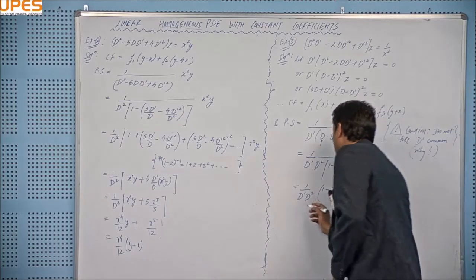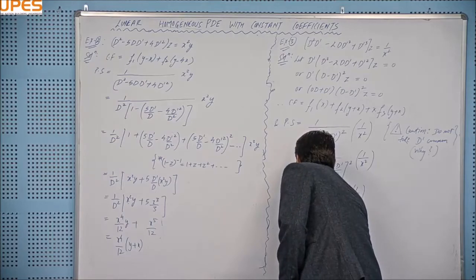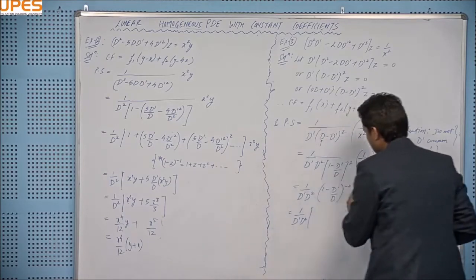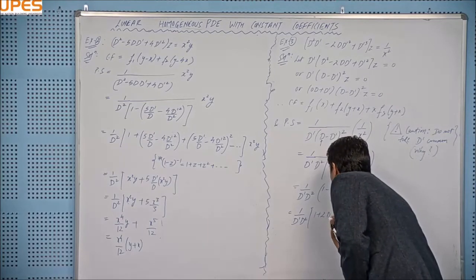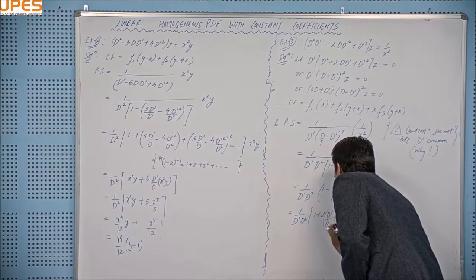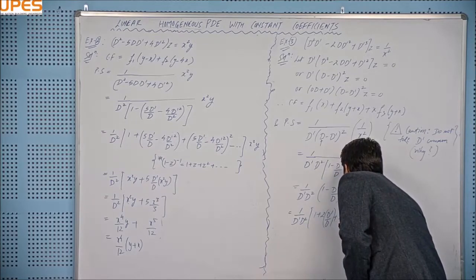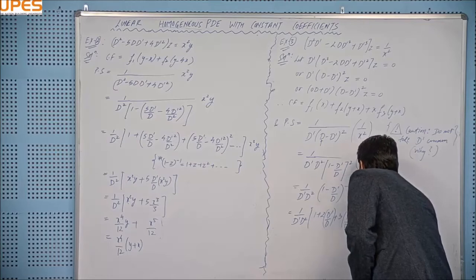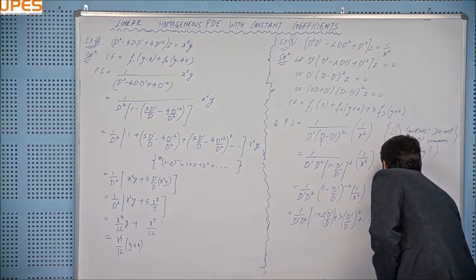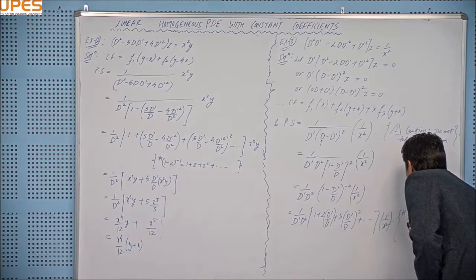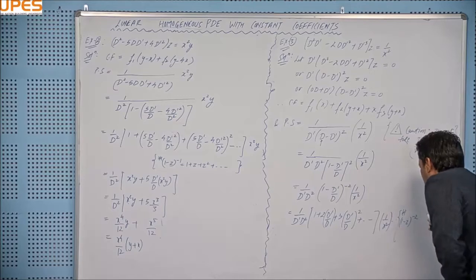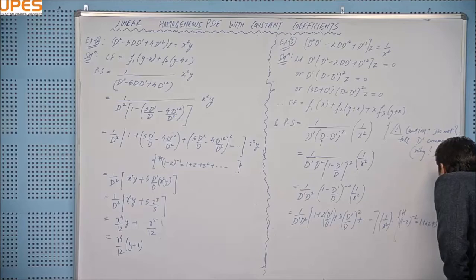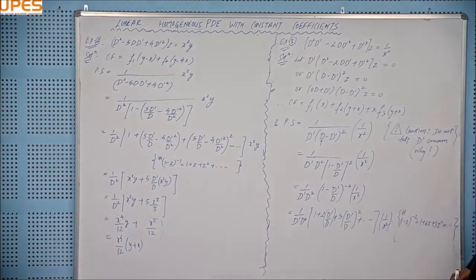I will write the formula: 1 upon d dash d square, and using the formula, that is 1 plus 2 times z, and then 3 times z square, and then 4 times z cube, and so on, right? 1 upon x square. I should mention the formula here: 1 minus z whole to the power minus 2 is 1 plus 2z plus 3z square plus 4z cube, and so on, right?